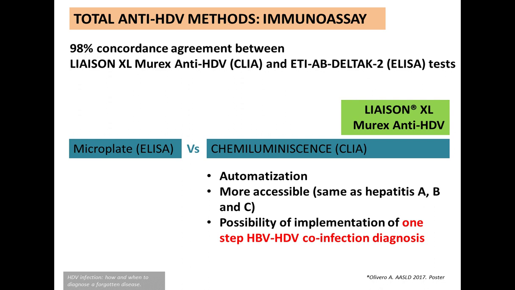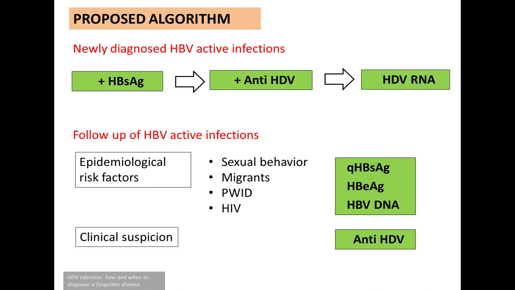It would also allow this parameter, the total antibodies for delta virus, to be included in syndromic algorithms with other viral hepatitis, A, B, and C, for example, as well as diagnostic algorithms for hepatitis B and delta, to do the diagnosis of both infections in one step.